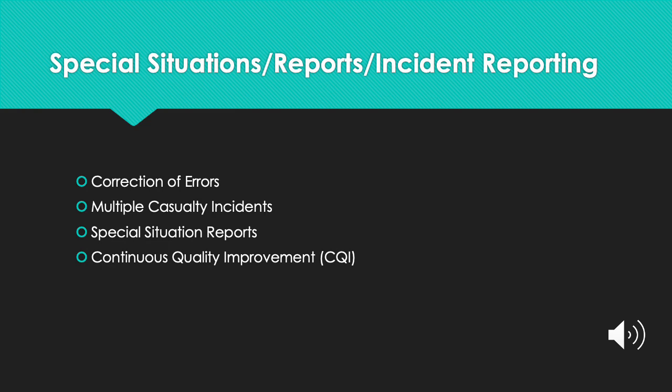Errors discovered after the report form is submitted. If it again is a written form, use a different color ink, draw a single line through the error and initial it, date and note any corrective information. If there's an electronic form, make sure that an addendum is completed. Use of addendums may be utilized for corrections of errors discovered while or after completing an electronic report.